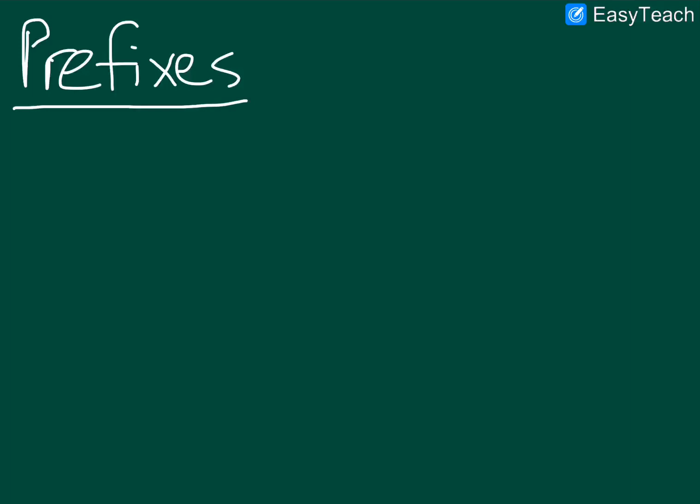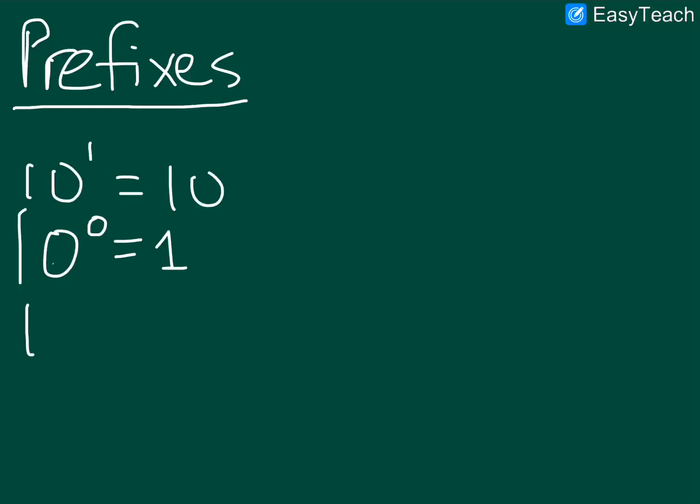Let's start in the middle. 10 to the power of 0 is 1. 10 to the power of 1 is 10. 10 to the power of negative 1 is 0.1.